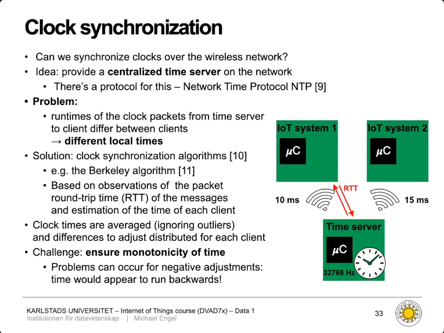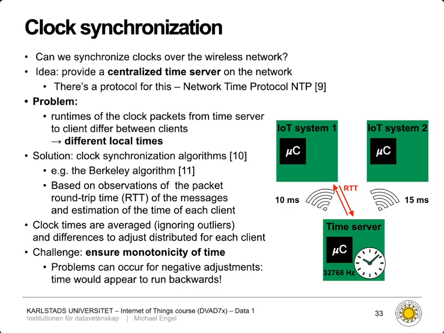So, for example, the time for a signal to propagate from the time server to your clients might differ because some of the clients might be closer to the time server, some might be further away, some might need a retransmission because a packet was lost or disturbed or something like this. So, when you send out the information, it's 12 noon 000 right now, then, at the point in time it arrives, maybe to the left system, to IoT system number one in our diagram, it takes 10 milliseconds, so it's already 10 milliseconds late.